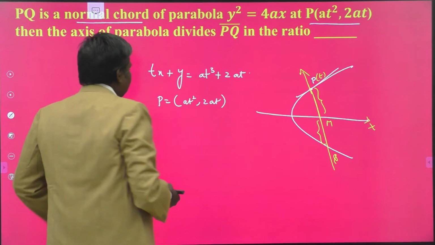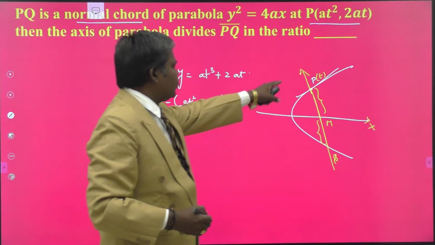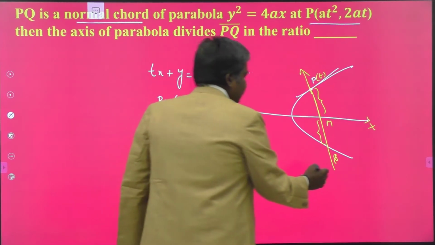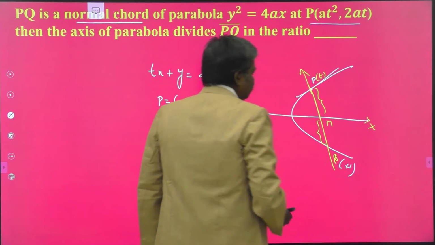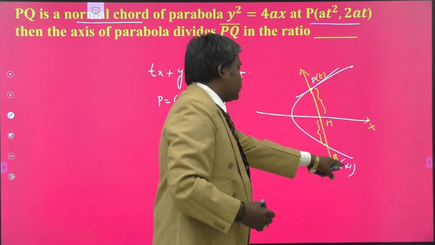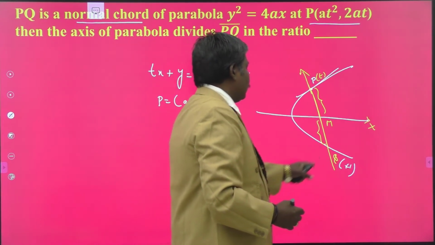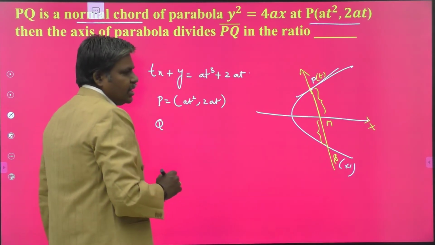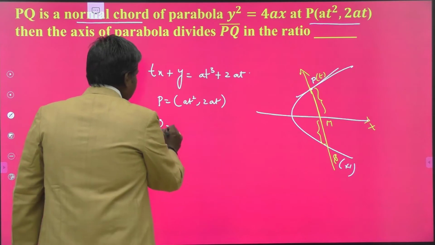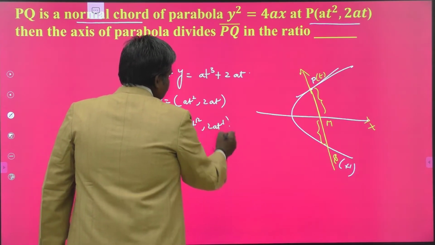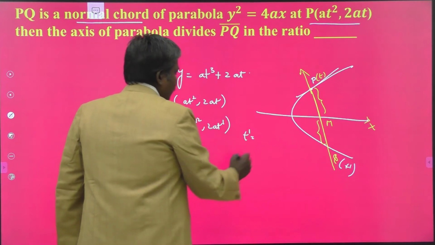Now, P is what? at square comma 2at. Suppose the normal at P to the parabola intersects again at Q of t dash, say. What is t dash here? This is the parameter corresponding to Q. So therefore the coordinates of Q are at dash square comma 2at dash. Therefore t dash is equal to what?